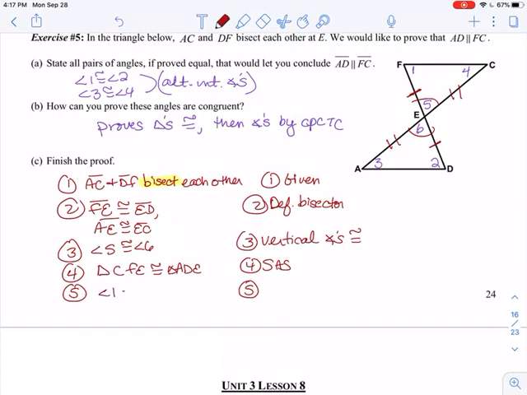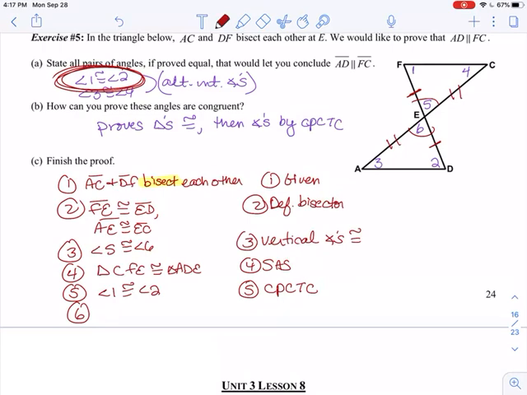Once my triangles are congruent, then the rest of the corresponding sides and angles are congruent. So I can say 3 and 4 are congruent or 1 and 2. It doesn't matter which pair I pick because both of those are alternate interior angles. So I'm going with angle 1 and angle 2. Angle 1 and angle 2 are congruent, not because they're alternate interior, they're congruent by CPCTC.